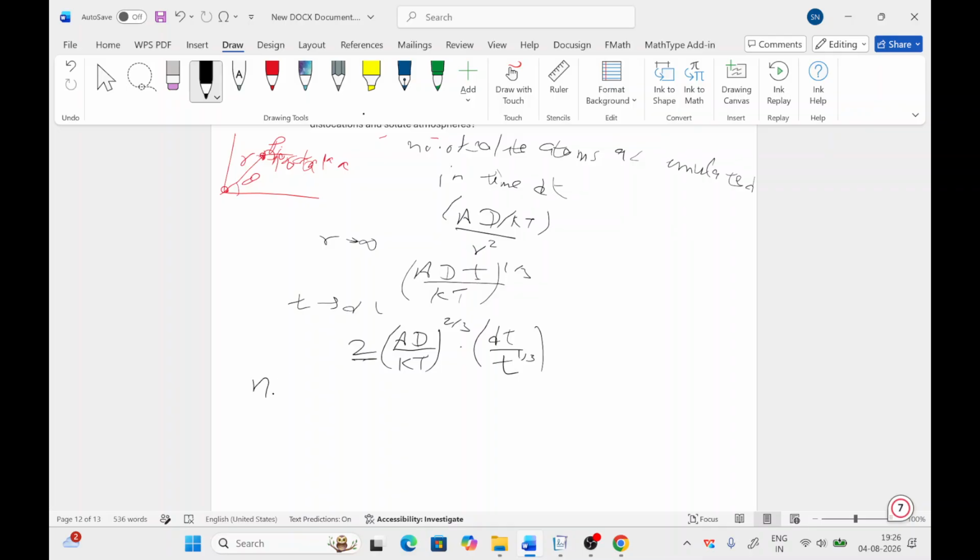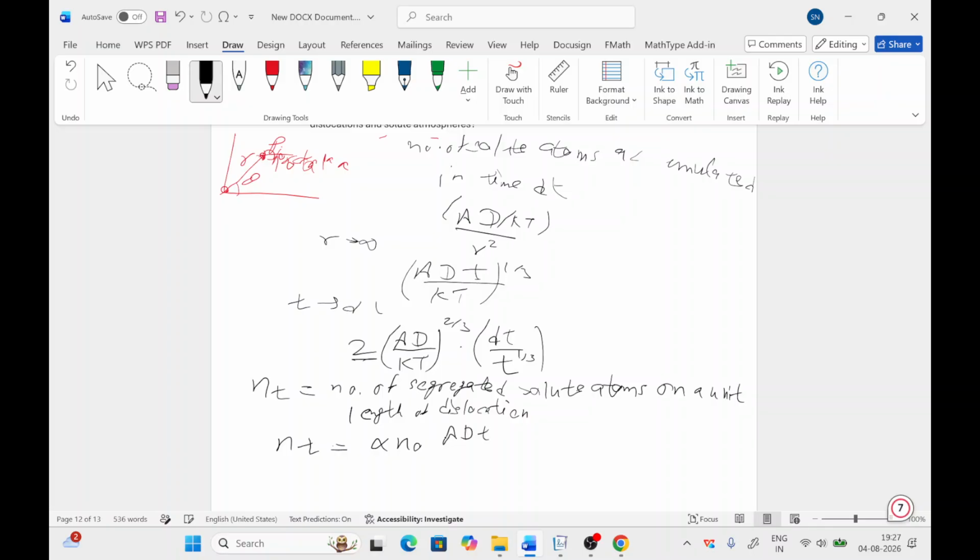So N t is the number of segregated solute atoms on a unit length of dislocation, and is given as N t equals alpha N naught AD small t by K capital T raised to power 2 by 3.